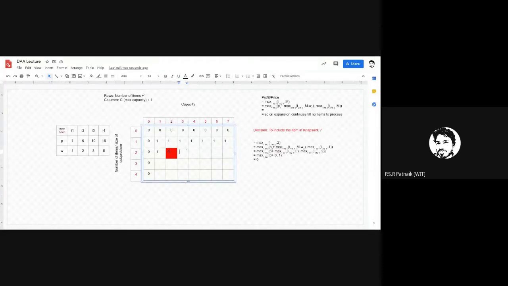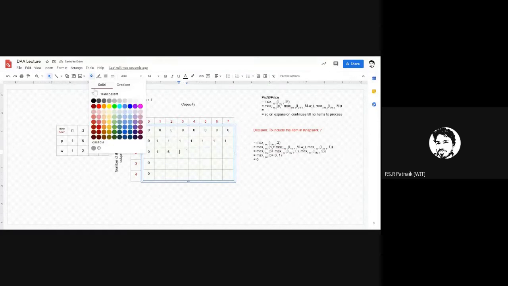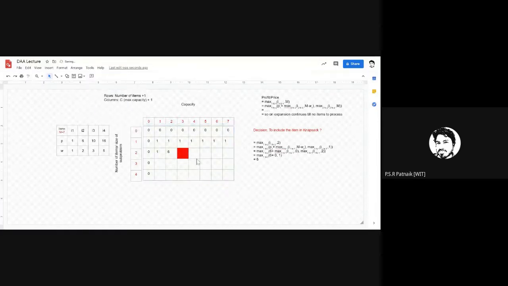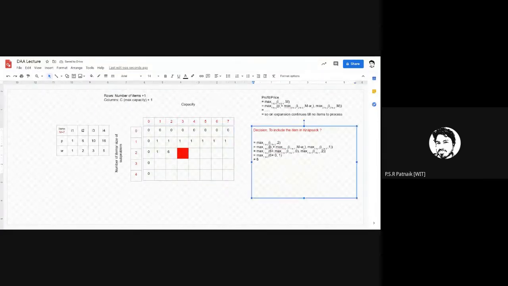Okay, so now if I go for the next cell, from this cell I'll move to this cell. I'm calculating for this cell. So what will be the solution? Same, item is equal to 2. Now the sack capacity goes from 2 to 3. What will you solve for?